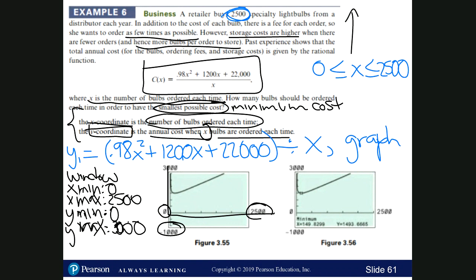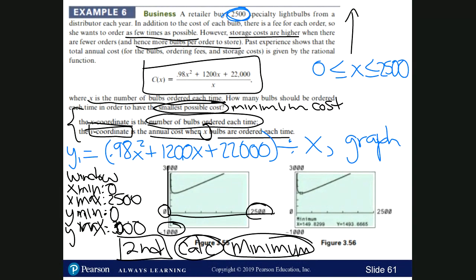So you change your window, and then you will follow the following. You have to use the second key, well, if you're using a TI-84, second, and then find on the top row where it says calculate, calc. And then we want to find the minimum. Calculator might ask you, and if you see, our target point will be like somewhere here.